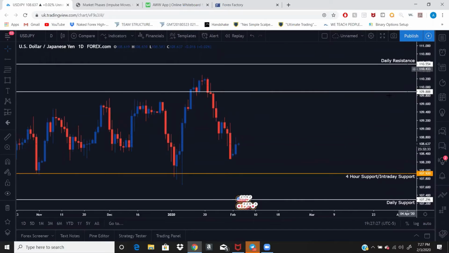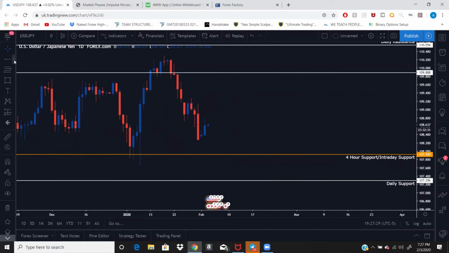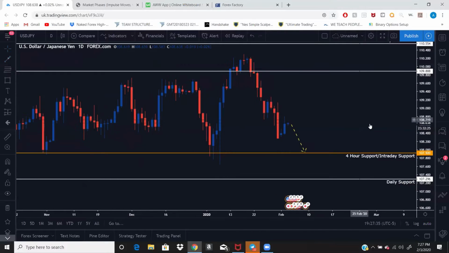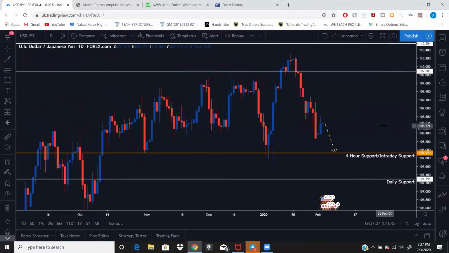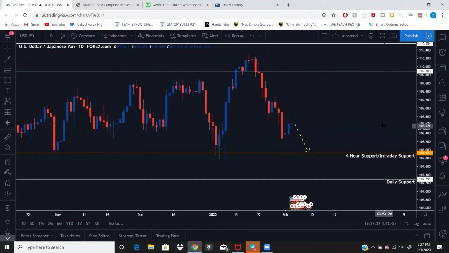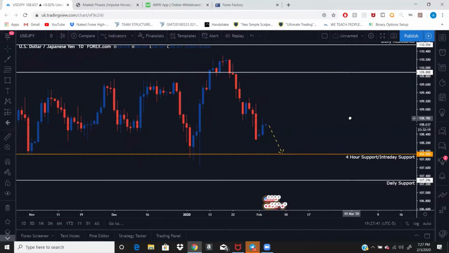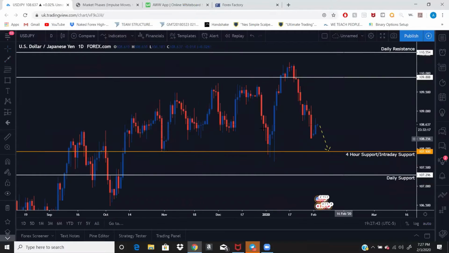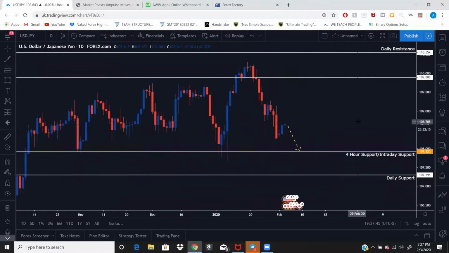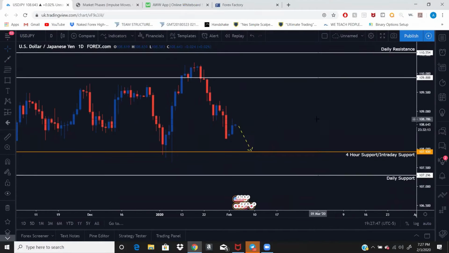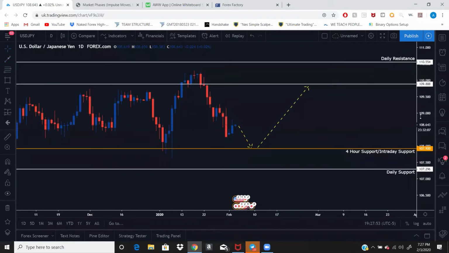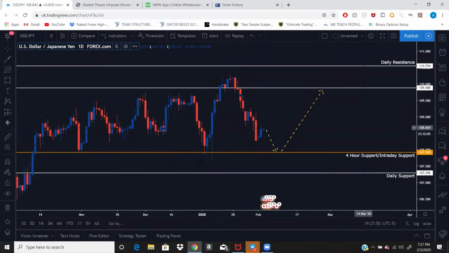So we had a big drop here. So most likely is just clear to see. I would expect this to complete at least a retest of this 4 hour intraday support. As you see, it's been testing a few times. And from there, I think we're gonna go back bullish because I'm anticipating strength in USD.